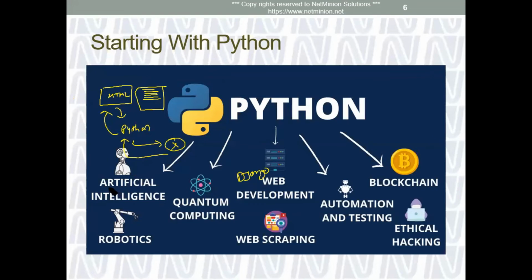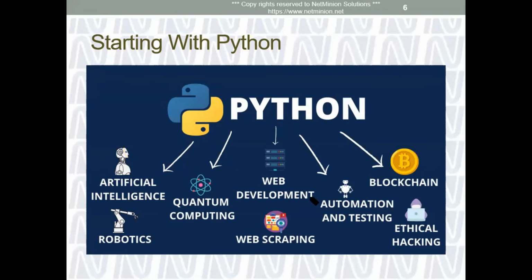Again, I am repeating, in this class anything we learn will be for our purpose, that is, for networking, security, or FI. So we will be learning everything with that in mind.